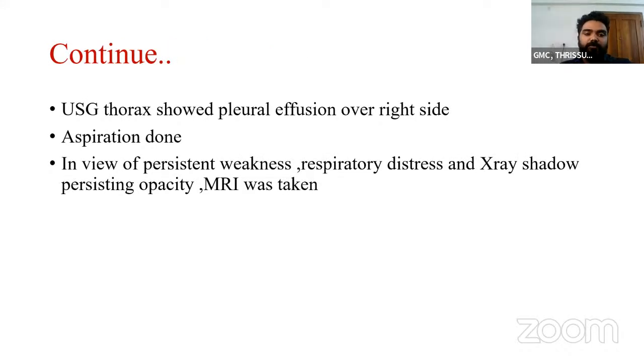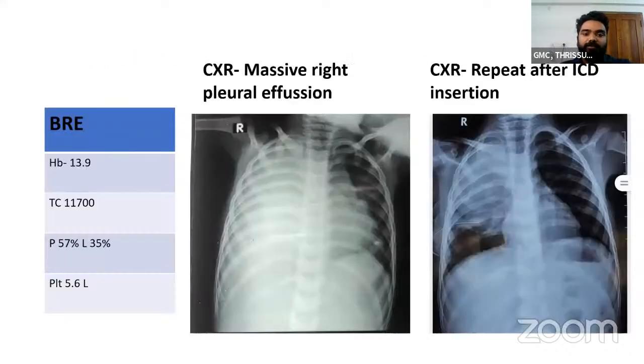Ultrasound of the thorax also showed pleural effusion over the right side, and aspiration was done. ICD was inserted. In view of persistent weakness and respiratory distress, and the repeat X-ray showing persisting opacity, we took an MRI. This was the chest X-ray showing pleural effusion, and this is the X-ray after ICD insertion.